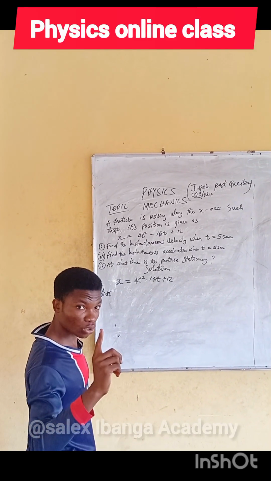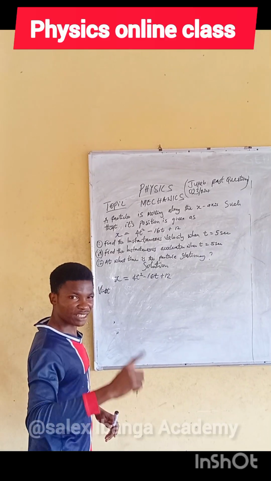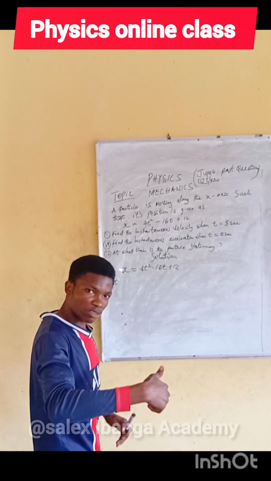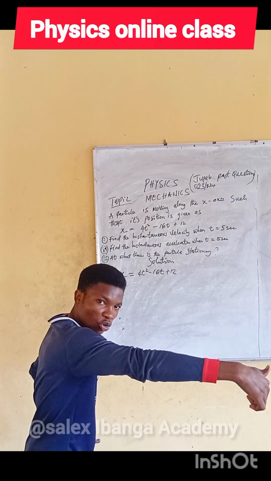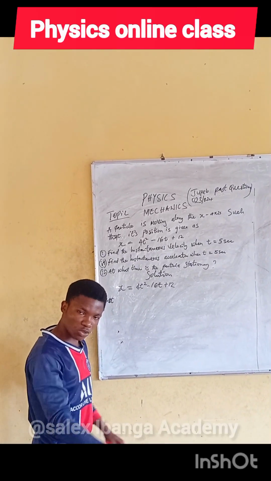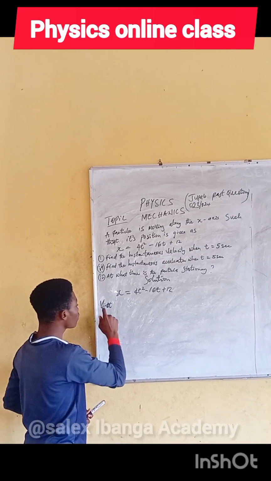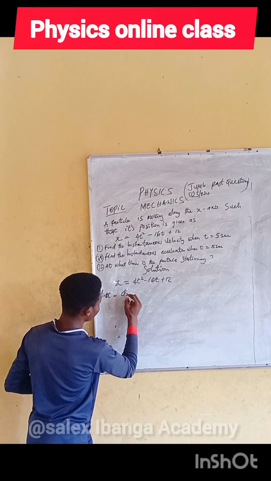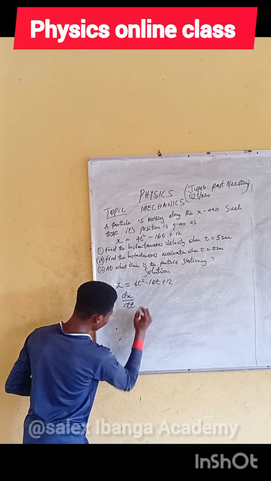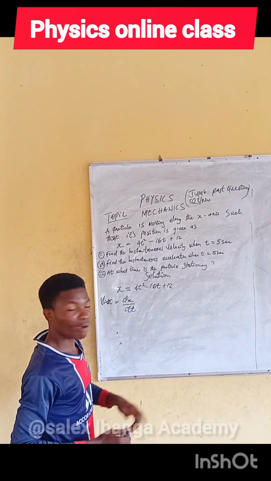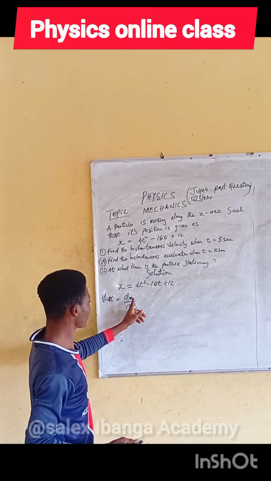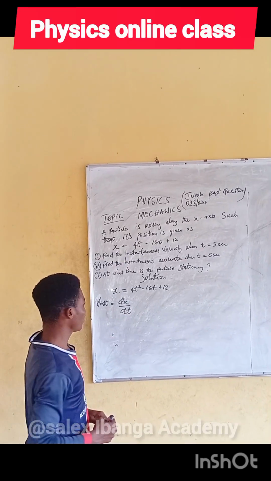Remember, velocity is displacement over time. Because I'm talking of derivative, that is change in displacement with respect to change in time, I will relate this in terms of dx over dt, because our motion here is x in terms of t.